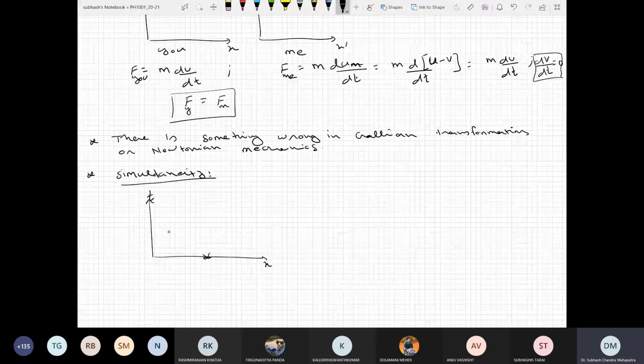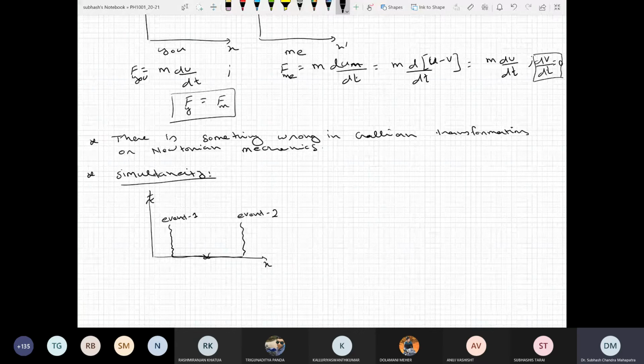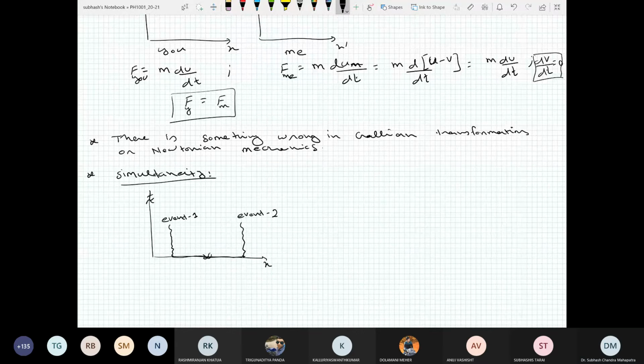One lightning happened here, let's call this event 1, and one happened here, let's call it event 2. This distance and this distance are the same. It happened.